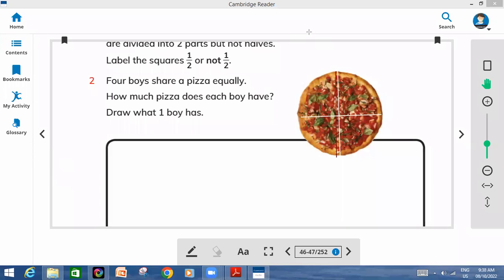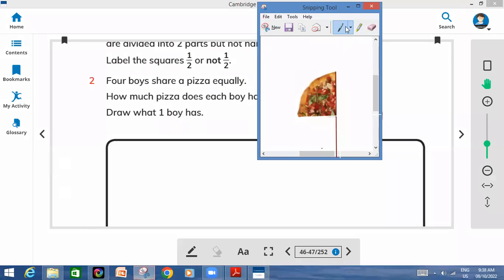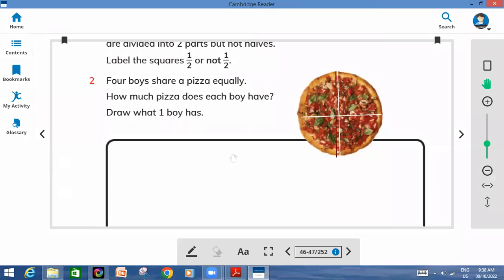So each boy is going to get an equal part. So you can say that one boy can get equal. So we can say half. So we can say here we have, you can draw with a pencil.